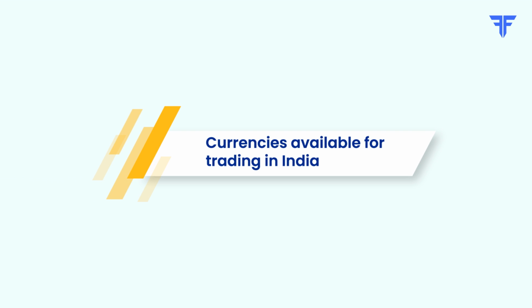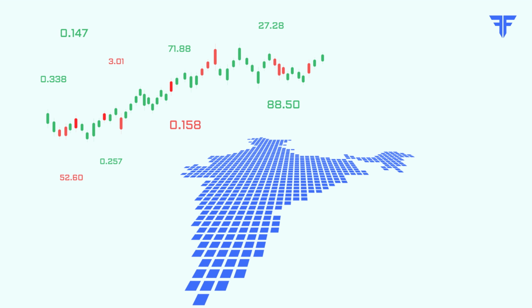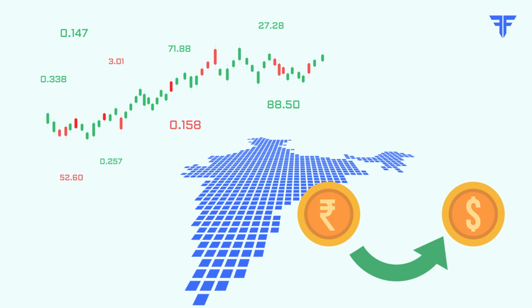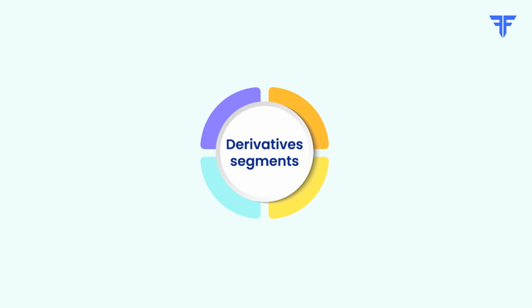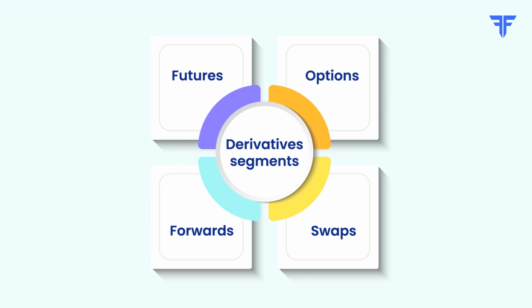Now let's see currencies available for trading in India. The most traded currency in India against the rupee is the dollar. Besides the dollar, the other currencies that are available for trading in India include the euro, the pound sterling, and the Japanese yen. These instruments are available for trading in the derivative segment too.